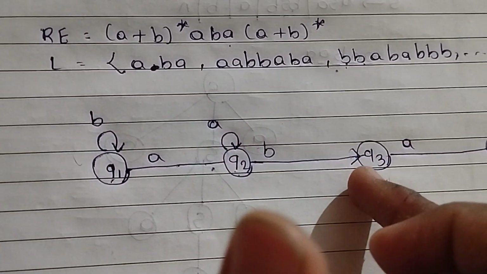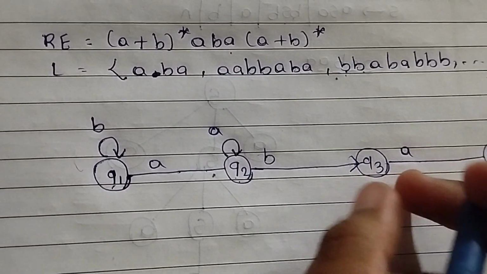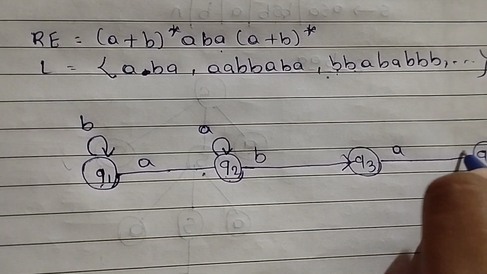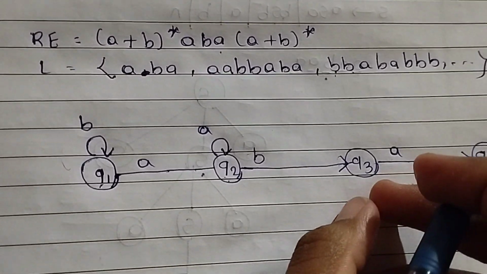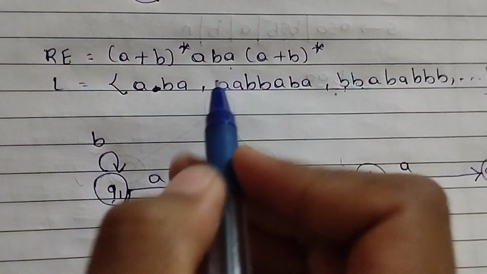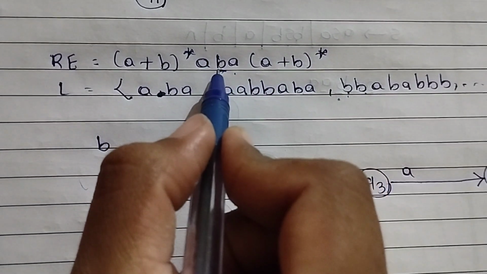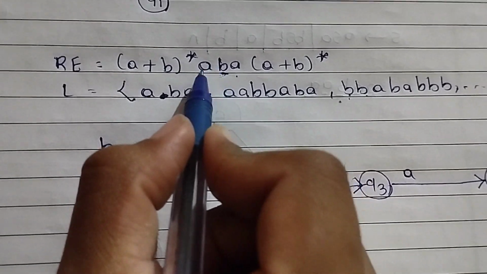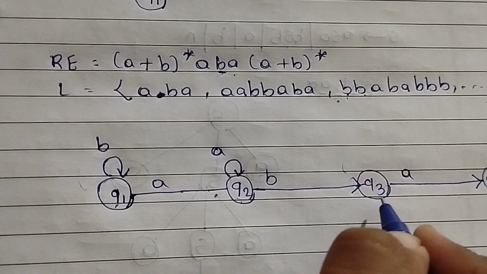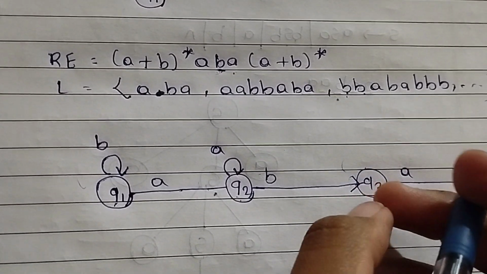But can we form the cycle for B? From this Q3 state A is transferred but B is not transferred anywhere. So can we draw a cycle for B here? No, because in the substring only a single B is present between the two A's, not n number of B's. So if we draw the cycle for B, it is wrong.